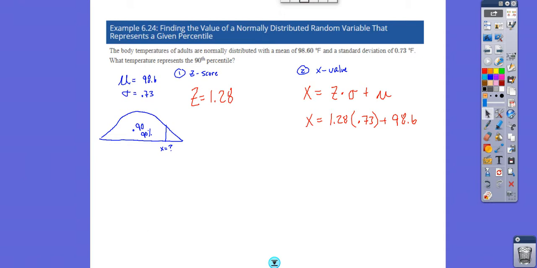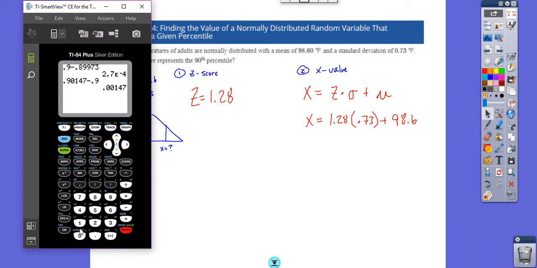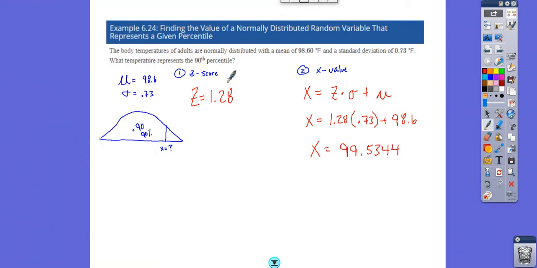Pull out our calculator, and we have 1.28 times 0.73 plus 98.6, and we come out with an x value equal to 99.5344.